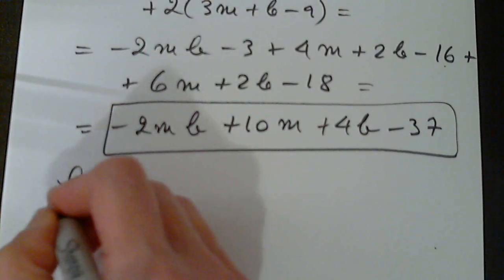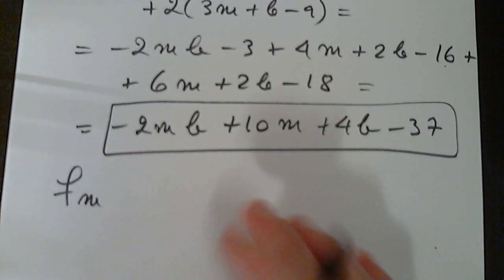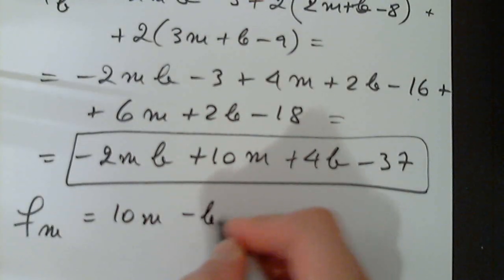Now fm, let's stop for a moment and see if you have any questions. Any questions on this? Okay, fm, 10m minus b squared.